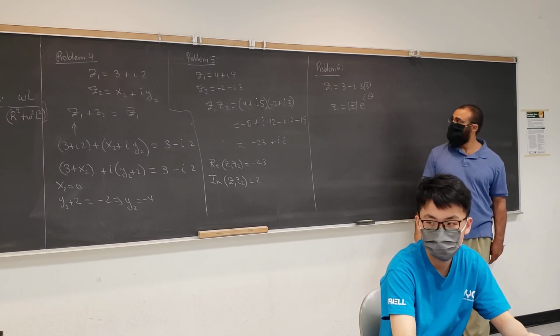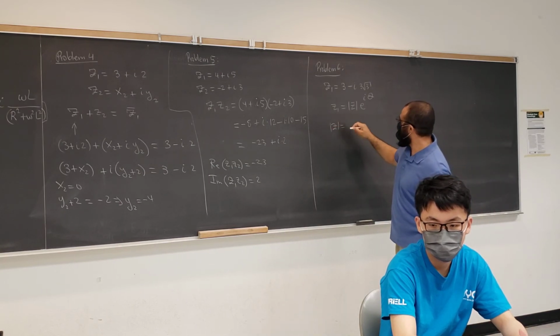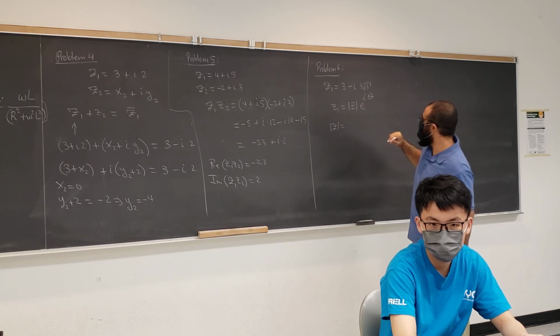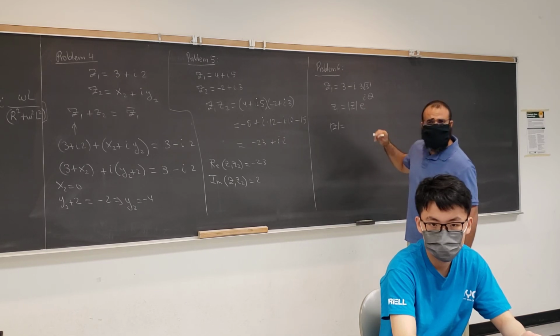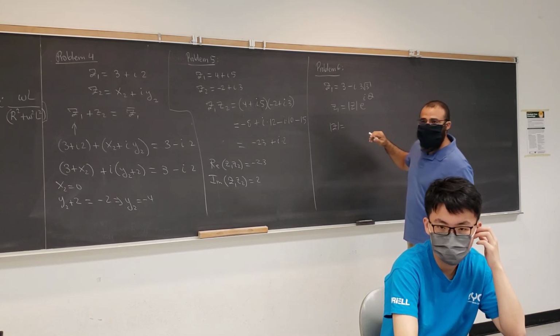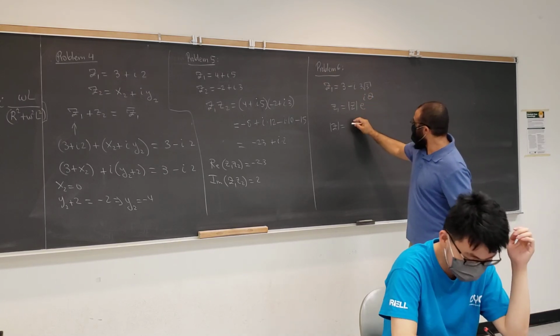So for the magnitude of z, what can we say? 3? Only? I don't know, I need to double check. It's a little bit more. You need to square this and add them together, right? So let's do that.